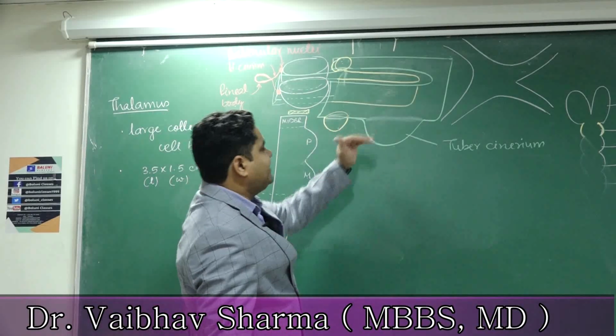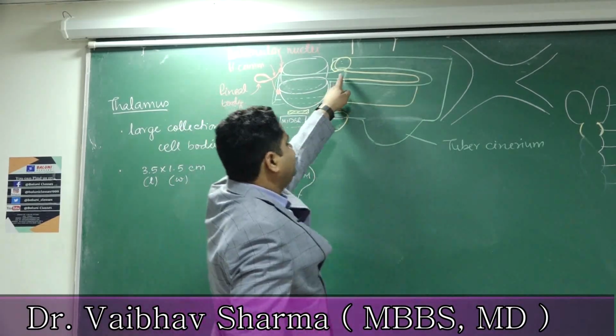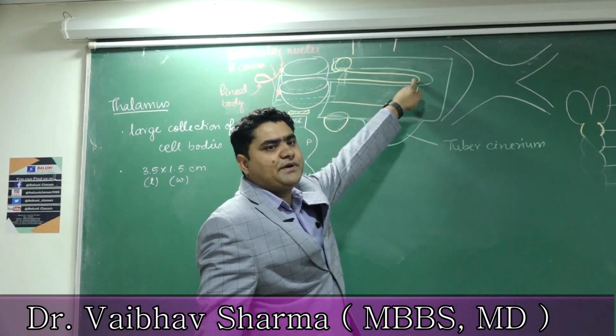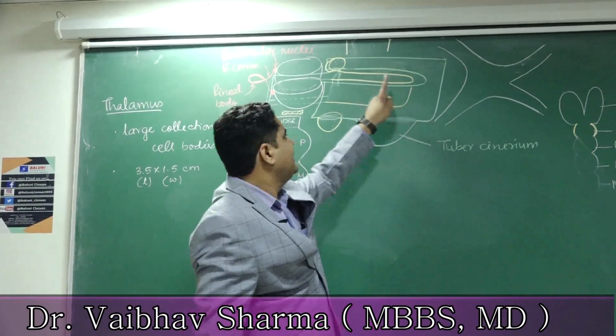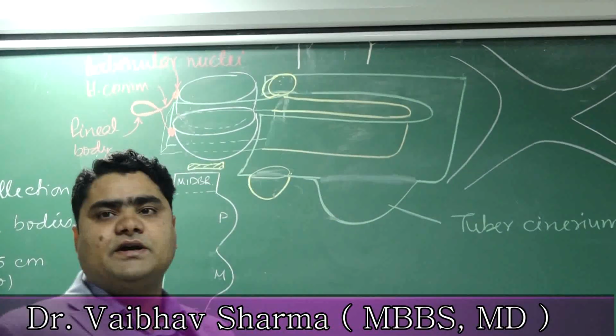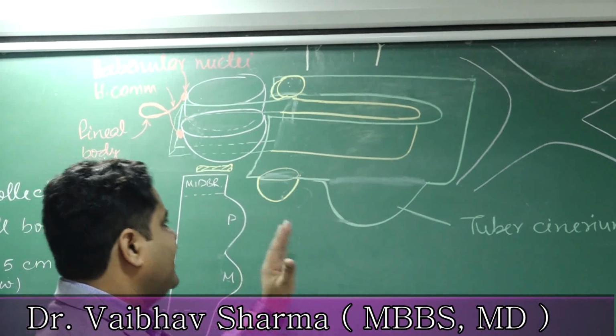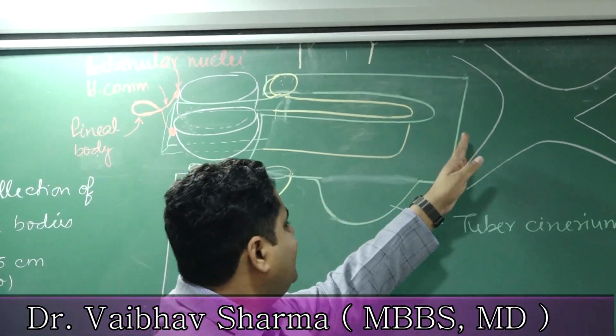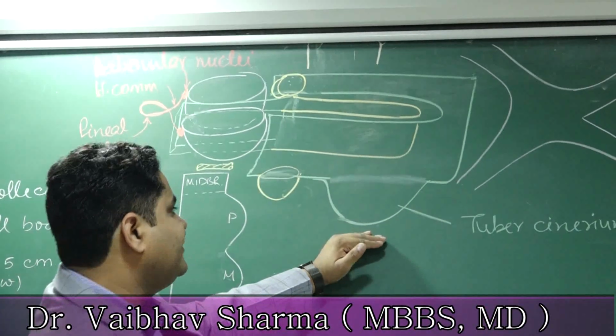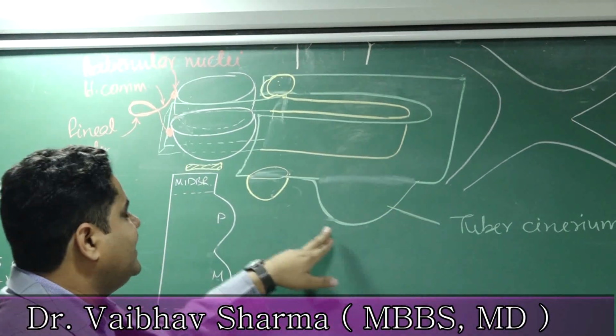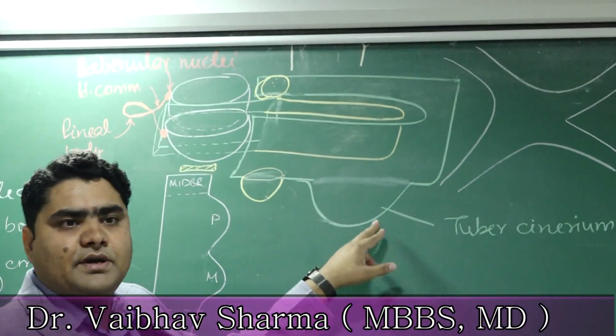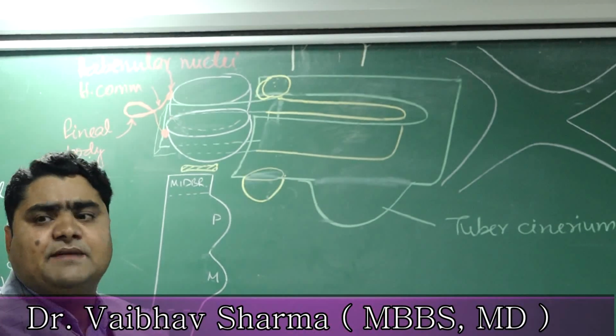When we study about hypothalamus, we see that this hypothalamus is also separated into 2 right and left halves by third ventricle. Now, when we come to the inferior margin of hypothalamus, we find that there is a large swelling which is present in the midline.